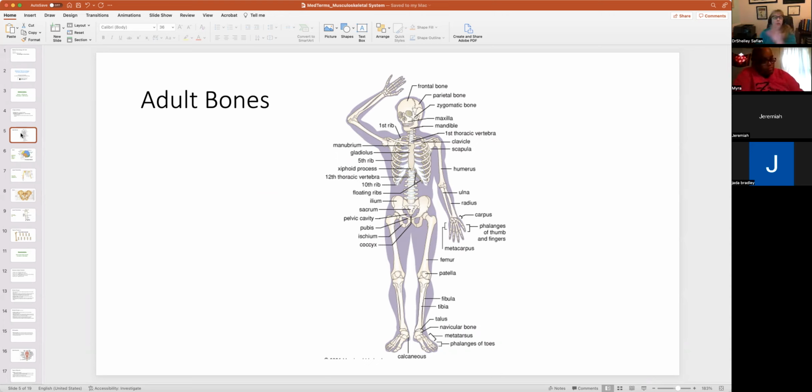Okay, so the adult bones that we were talking about: first of all, we have the sacrum and the coccyx. And when the baby is born, these are actually separate individual bones. But by the time a human gets to about 20-25 years old, these fuse into one bone.